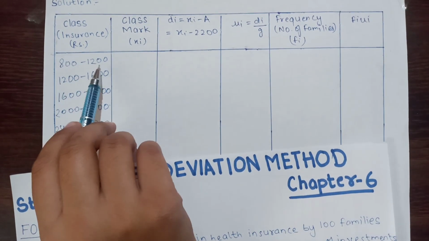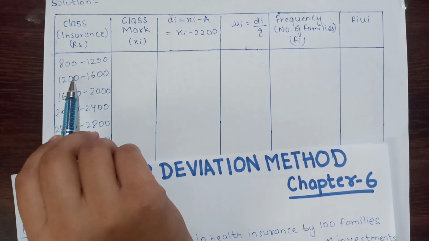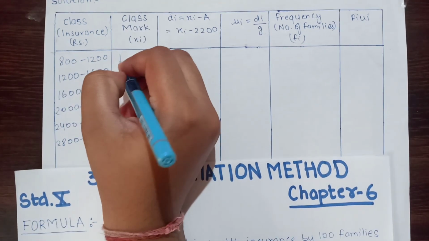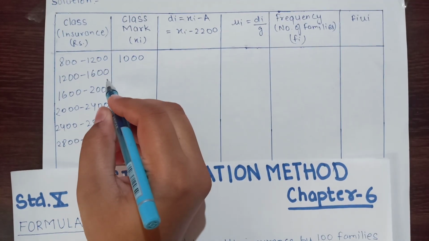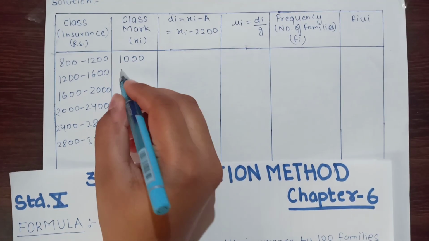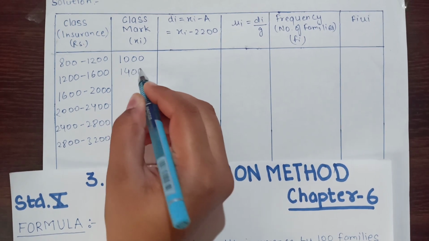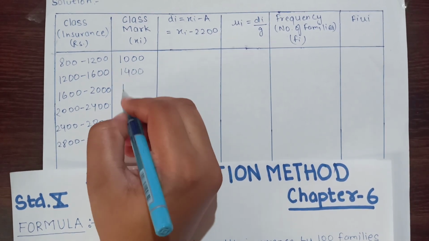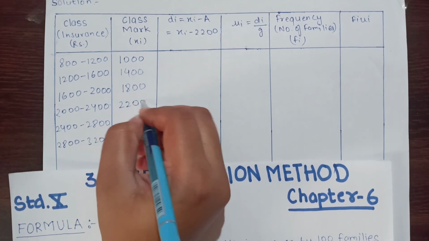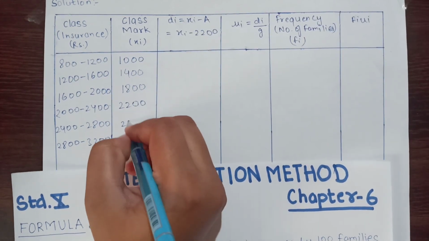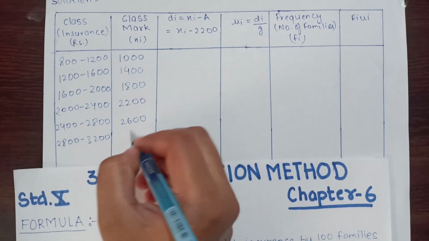First is 800 plus 1200 divided by 2, that is 1000. After that 1200 plus 1600 divided by 2, that is 1400. After that 1800, 2200, 2600 and 3000.